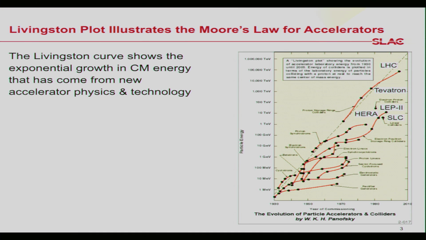So there's a curve here which plots the energy attainable by particle accelerators versus time, and you can see that over many, many decades, that energy indeed has gone up continually by factors of 10 over and over and over again. What this curve also shows is that each individual black dot is a machine that's existed and operated somewhere in the world. But these red bands that are connecting some of the dots are families of technology.